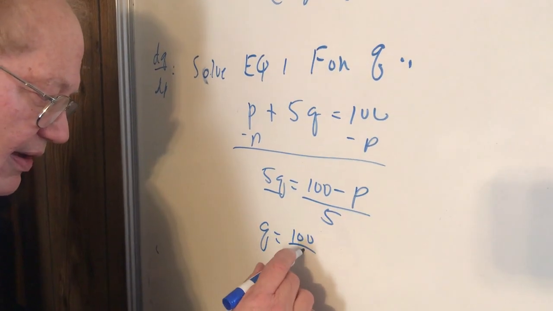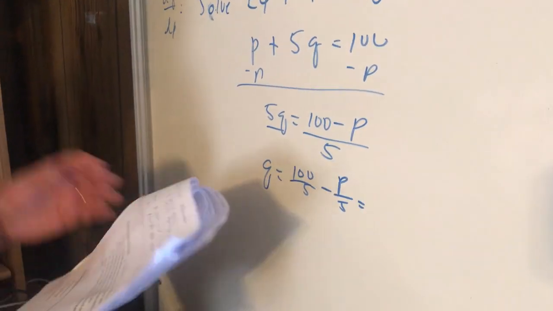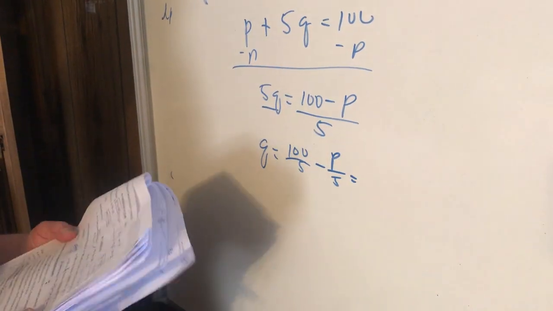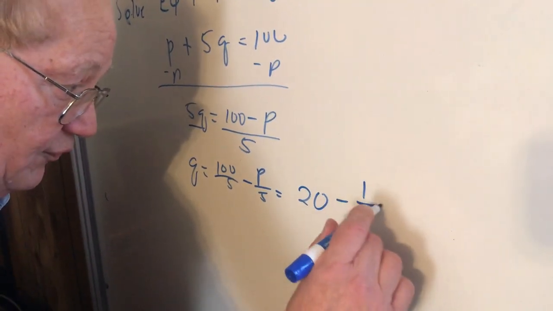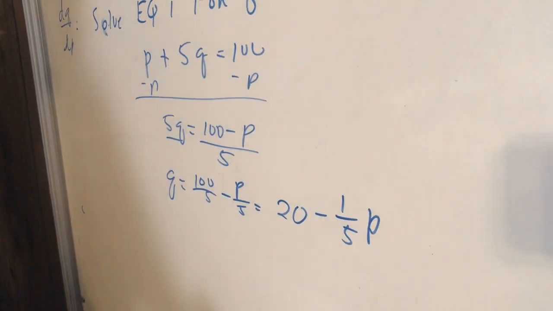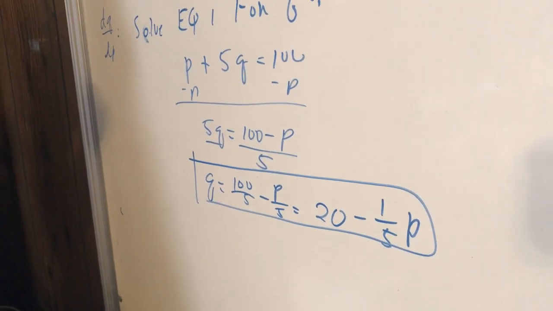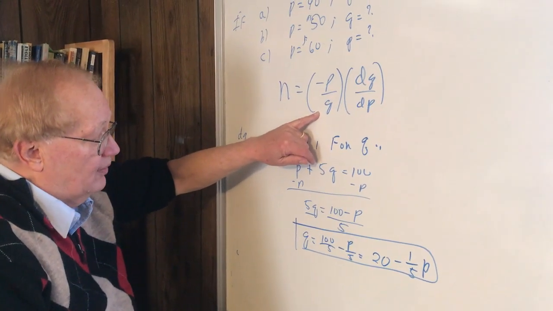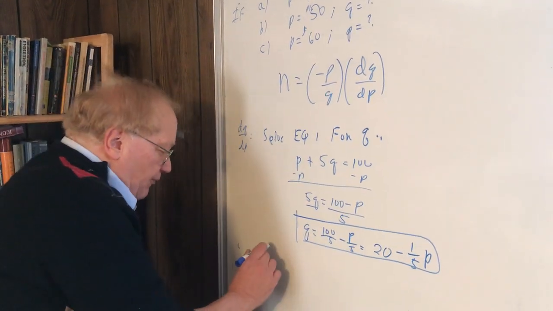That's 100 over 5 minus P over 5, or 5 goes into 100, 20 minus 1/5 P, showing that that's the coefficient in front of P. So now I have the value for Q. Since I'm going to need P and Q here, I will eventually find Q also. So why not take this step first to find Q?